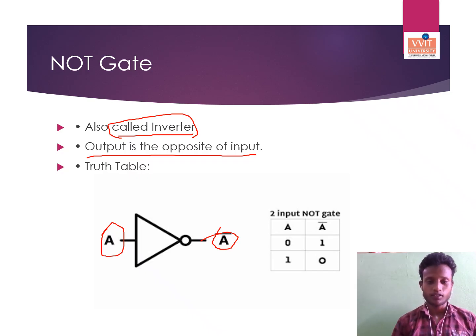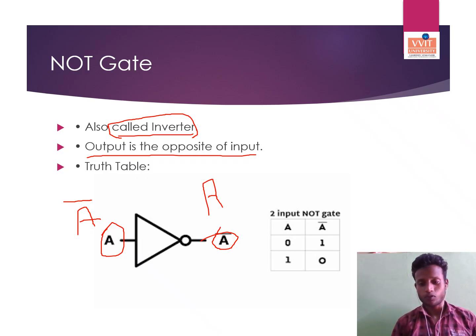If you give A bar here, the output is A. But the basic thing is the inverter has only one input and only one output. It does not have n inputs and 2 power n combinations. Only one input and only one output.